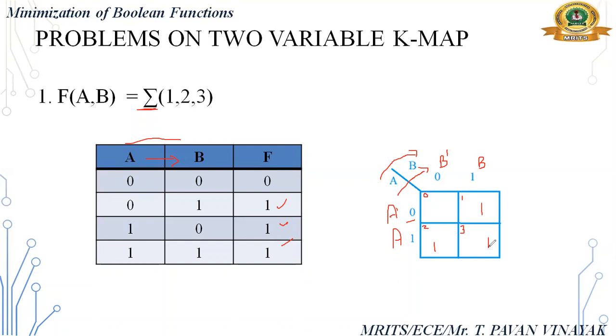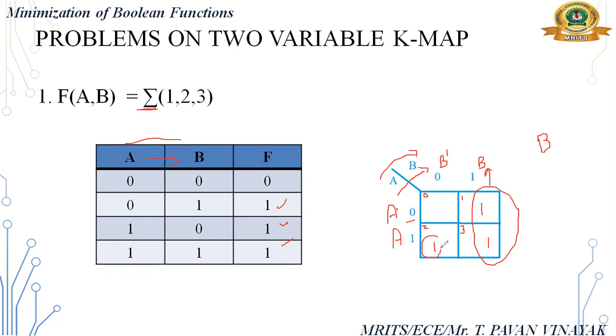Next, check for 4 ones. What is the first step? We have to check for 4 ones. 4 ones are available? No. 4 ones are not available. Check for 2 ones. I am taking this one. For these 2 ones, which is the common term? Common term is B. See, here A bar, we have two different, but common is B. So write B. Next, 2 ones are covered. Another one is available.